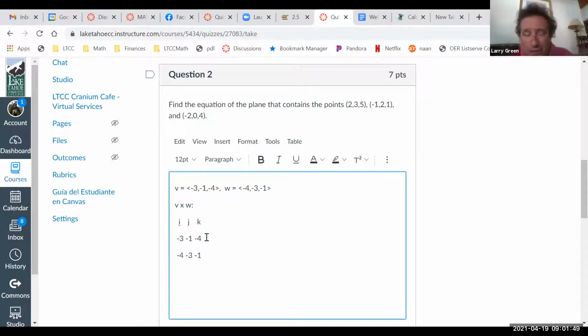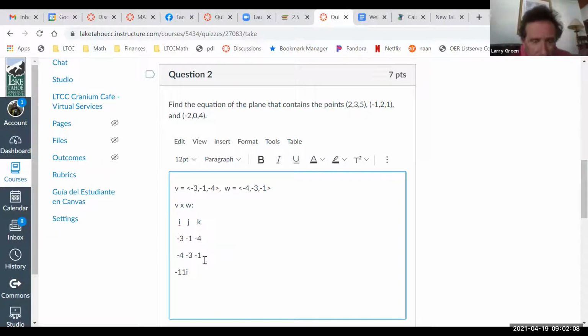I take that cross product. So let's find the i component. That means we get rid of the first column, first row. -1 times -1 is 1. 1 minus 12 is -11, so -11i. And now the j component. So we drop the second column, first row.